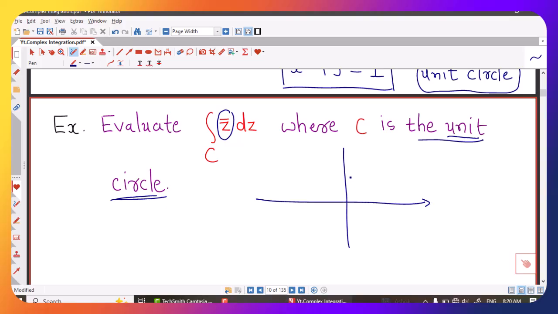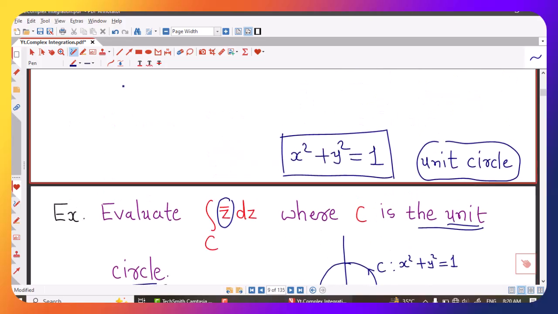So we can roughly sketch it. It is not necessary to sketch the curve along which we want to integrate, but it will be good if we sketch the curve. This is the center, this distance is 1 because we have radius 1, and we want to integrate along this, which is nothing but x square plus y square equal to 1.